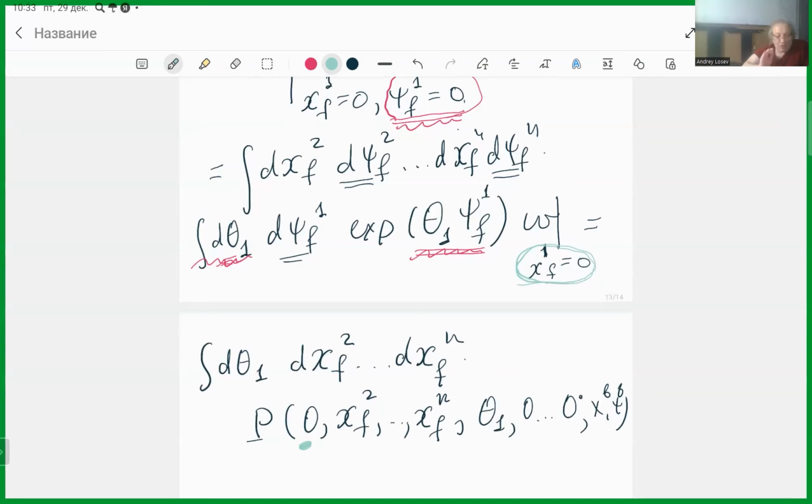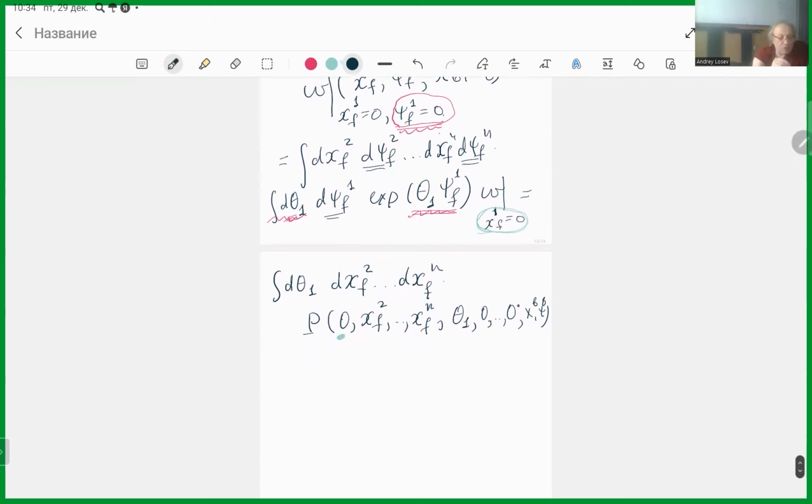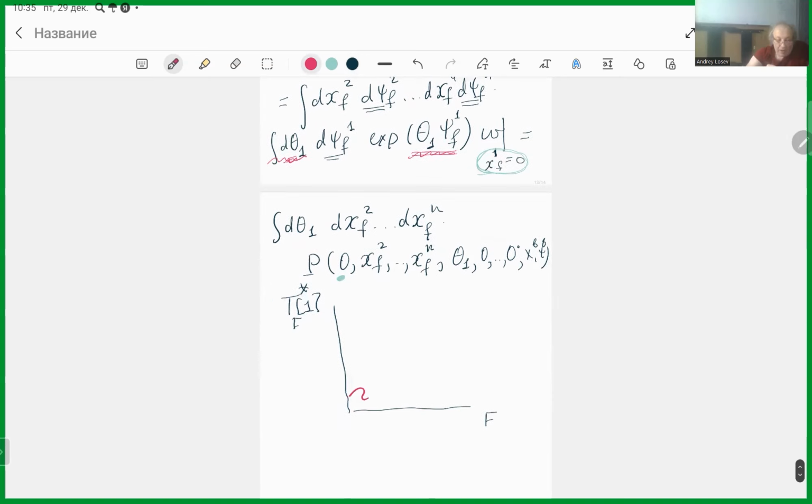So I don't want to rush. It is an important conceptual point. And how can we draw it? We still can draw it. So here we have T star shifted by 1 of f. Here we have f. And here we are integrated like this.